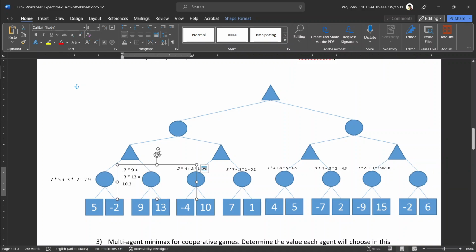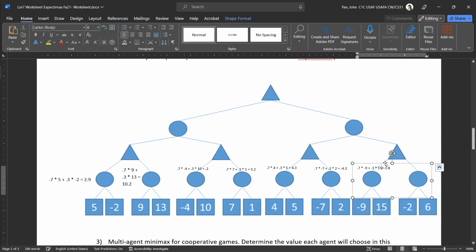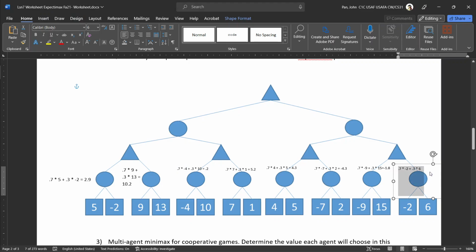All right, last one. 0.7 chance of going left, -2, and 0.3 chance of going right to 6, 4.4.